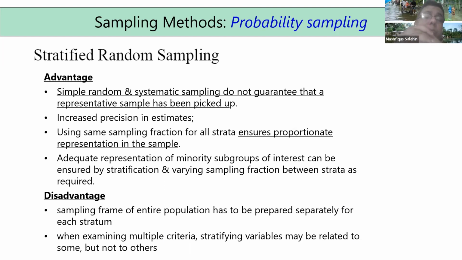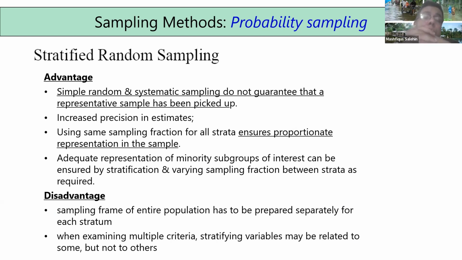The main advantage is that the simple random or systematic sampling that we have just seen do not guarantee that a representative sample has been picked up. For example, some minority groups or some people of some strata may get missed out of the sample, but that will not be a problem for stratified random sampling.